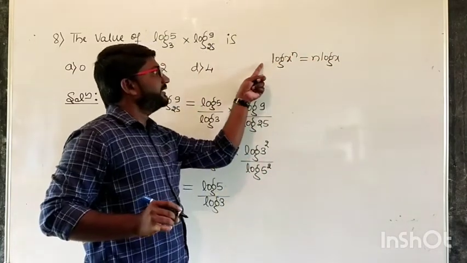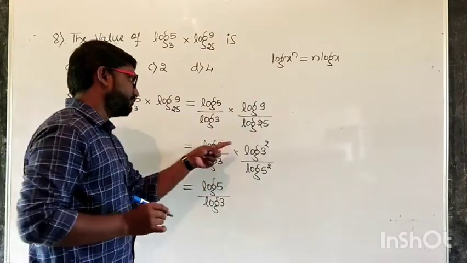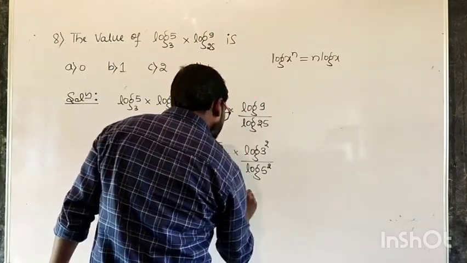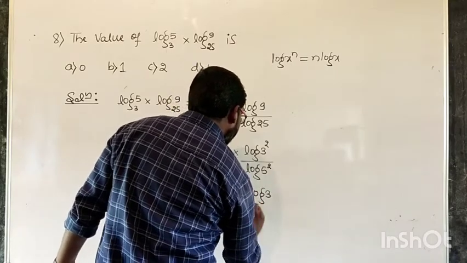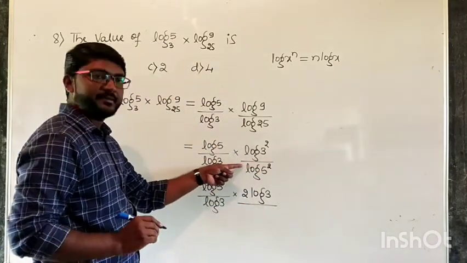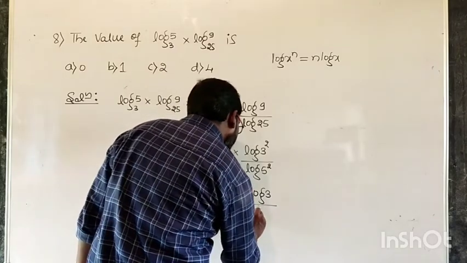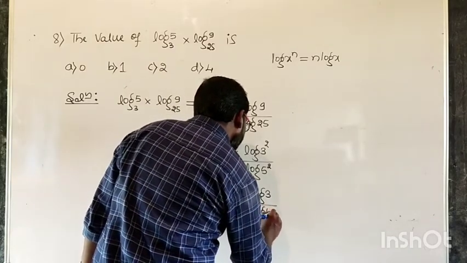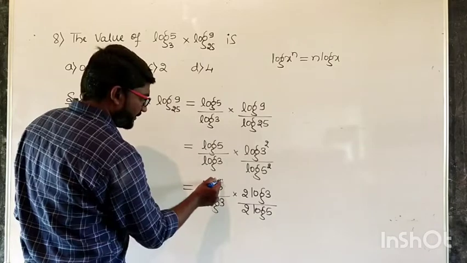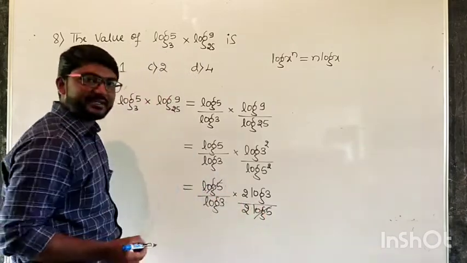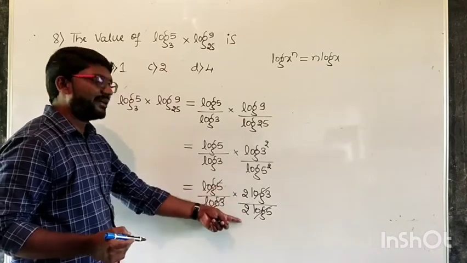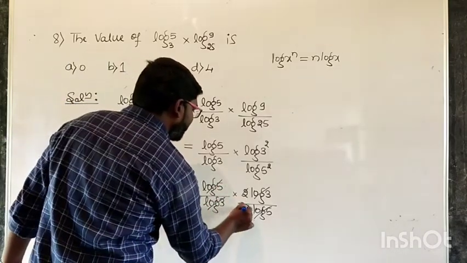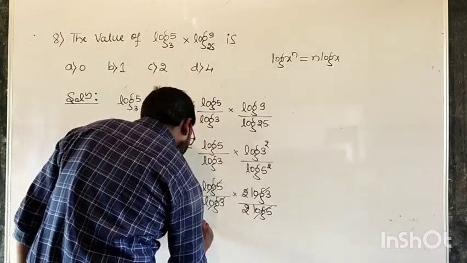So this comes in the beginning: 2 log 3 divided by, again this comes in the beginning, 2 log 5. Here log 5 gets cancelled, then log 3 gets cancelled. So 2 by 2 is 1. The answer is 1.